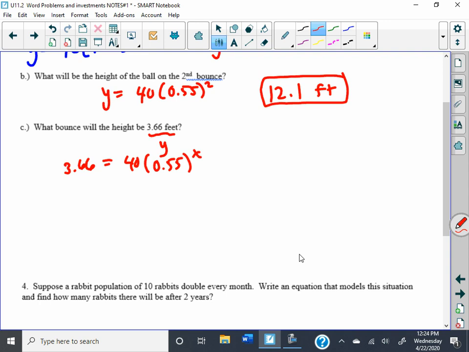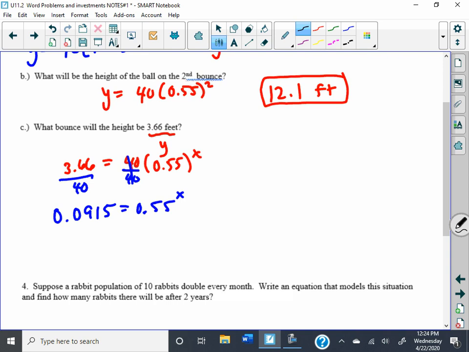Now solving it just like before, we're going to divide by 40. Let's see what 3.66 divided by 40 is as a decimal. It stops after 4 places, so we're going to put the whole decimal because it does stop. It equals 0.55 to the x.